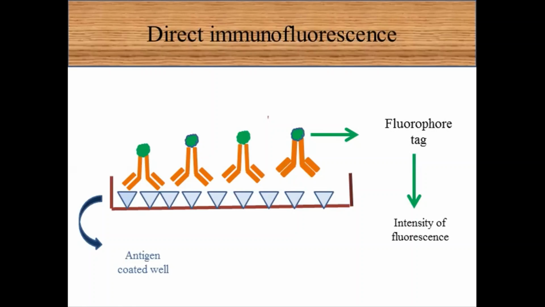Now, what we are going to do, we are going to plot a graph. With the help of this graph, we can find the concentration of unknown antigen as well as known antigen.